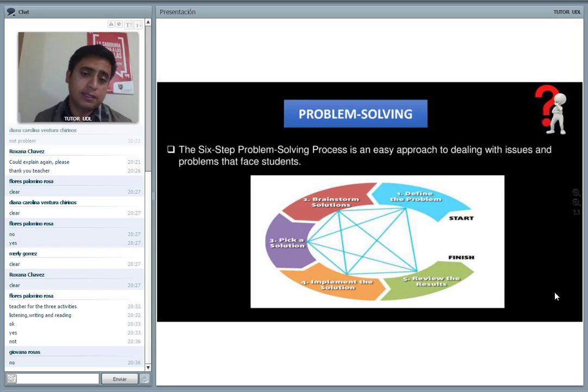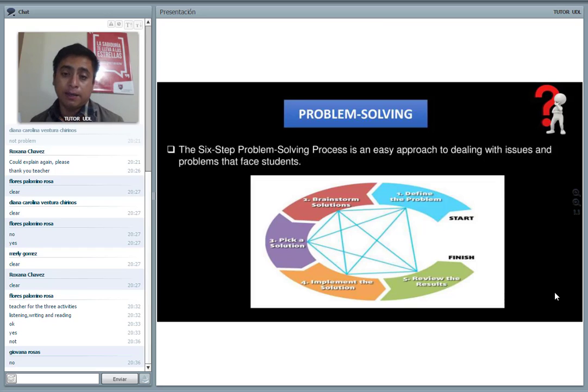So in other words, the teacher is going to bring a situation. It can be an issue or a problem, and the students in their groups need to find out the best solution. Okay? So it has different steps. Actually, it has 6 steps.